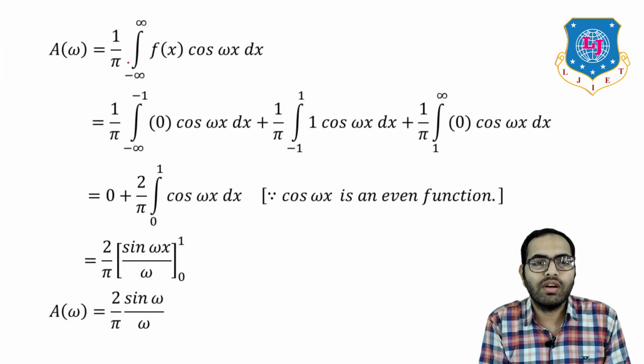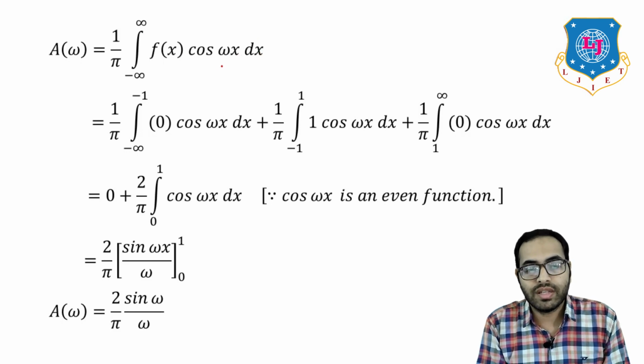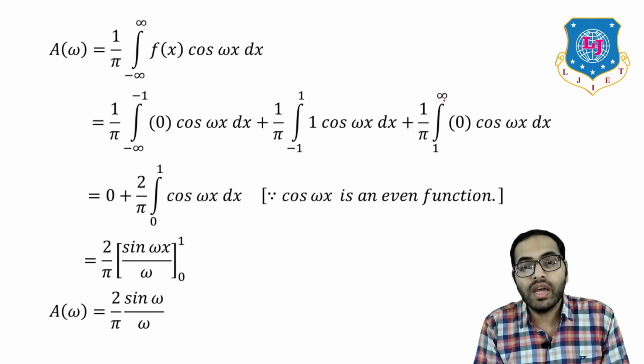Then a of omega is equal to 1 upon pi integral minus infinity to infinity f of x cos omega x dx. Firstly, what we have to do is split the limits. According to this graphical representation, 1 upon pi is common, then minus infinity to minus 1 the function has value 0, minus 1 to 1 the function has value 1, and 1 to infinity the function has value 0.